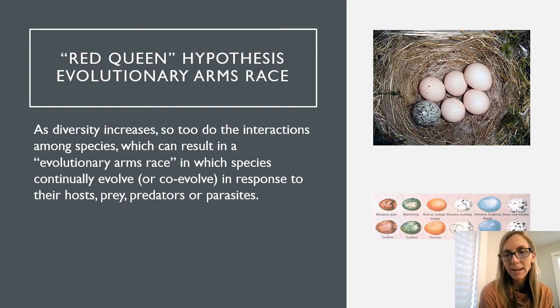That's what we've seen with some of the cuckoos in the Old World, and you can see in the graphic below these single-species parasites who mimic their eggs exactly.